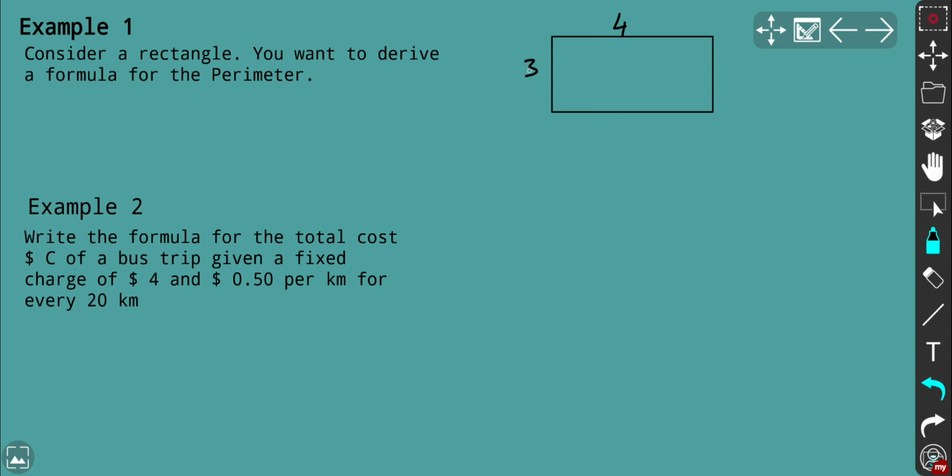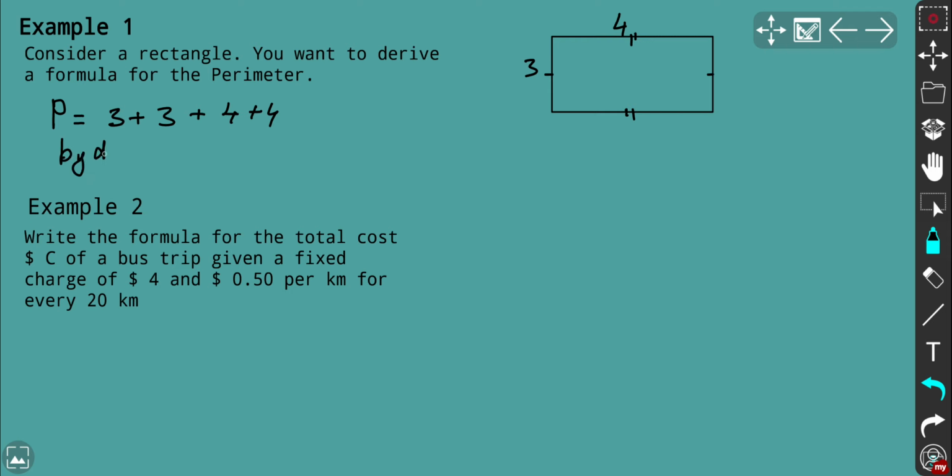So we have length 4, we have width 3, and we need to derive the perimeter. We just go by definition. The perimeter in the general case is just the sum of all sides. So that side is equal to that side, which is just by definition of a rectangle, and the two opposite sides are also equal. So we've got 3 and 3, so we add those two opposite sides and we add the other opposite sides. We just go by definition.